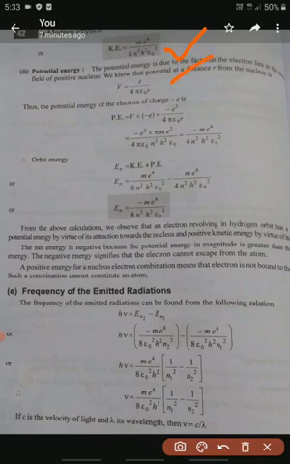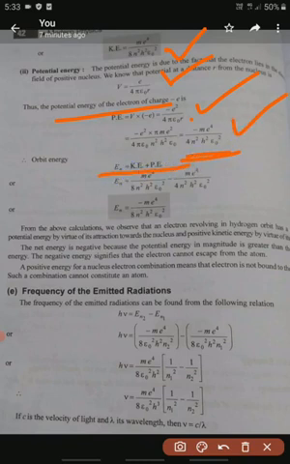The potential of the electron is e by 4 pi epsilon naught r, where r is the distance between the electron and the nucleus. This is the potential energy of the electron.